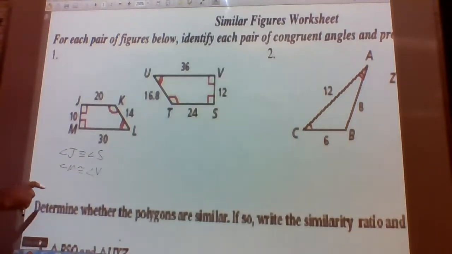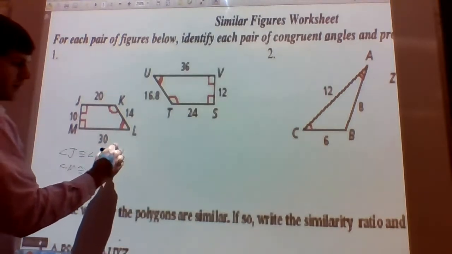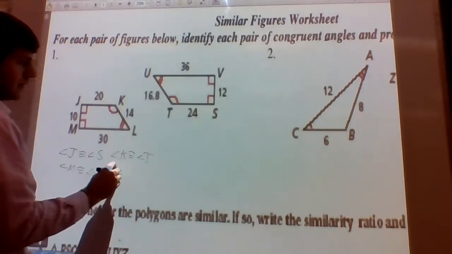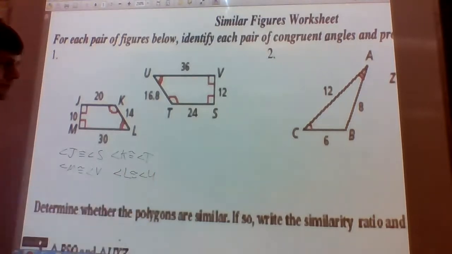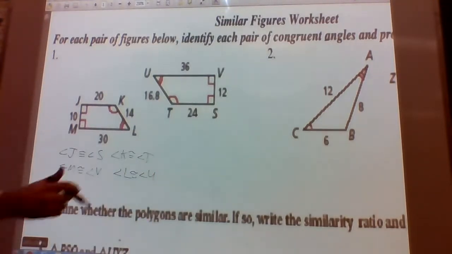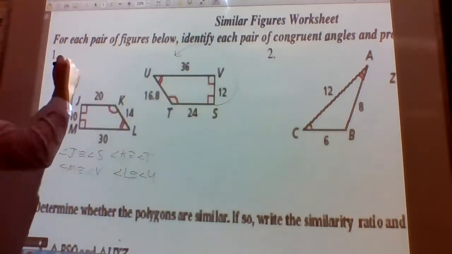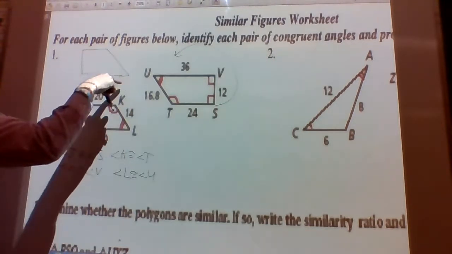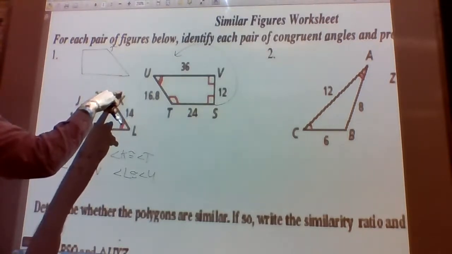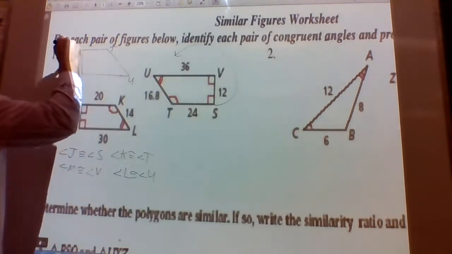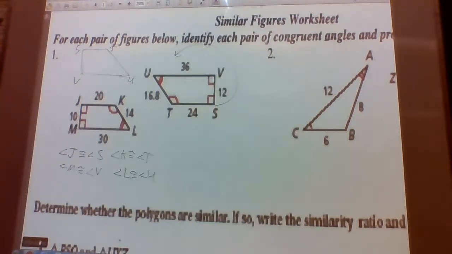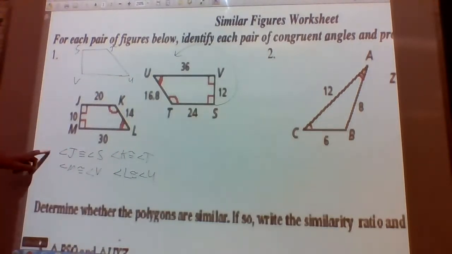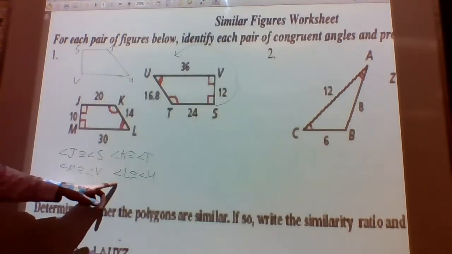So J and S, M and V, K is congruent with T, angle K is congruent with angle T, and angle L is congruent with angle U. Again, if we rotate it 180 degrees, it's going to look something like this, where you have T and U and S and V. So those are angles that match up, J and S, M and V, K and T, L and U.